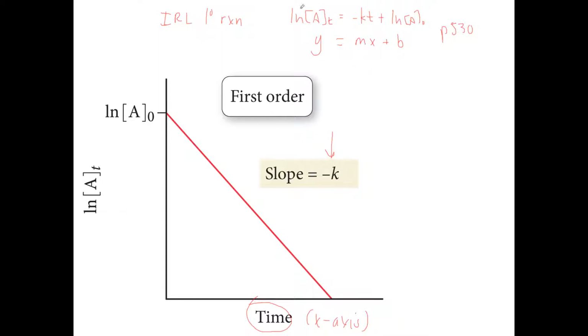If I graph ln At versus time, then I can find k just by evaluating the slope. The slope is just going to be minus k. And I can also find the y-intercept. Of course, it's going to be the natural log of A0.